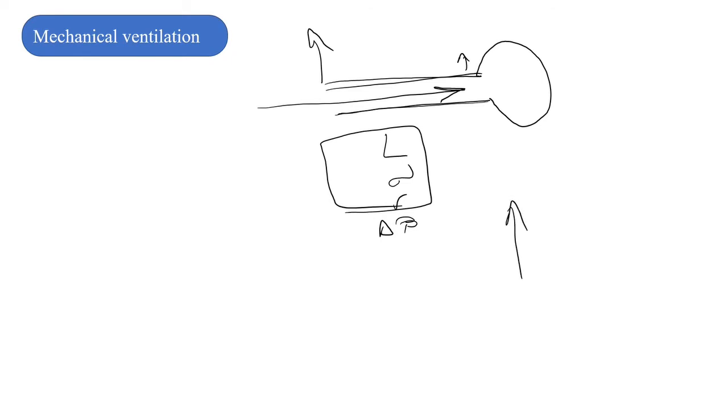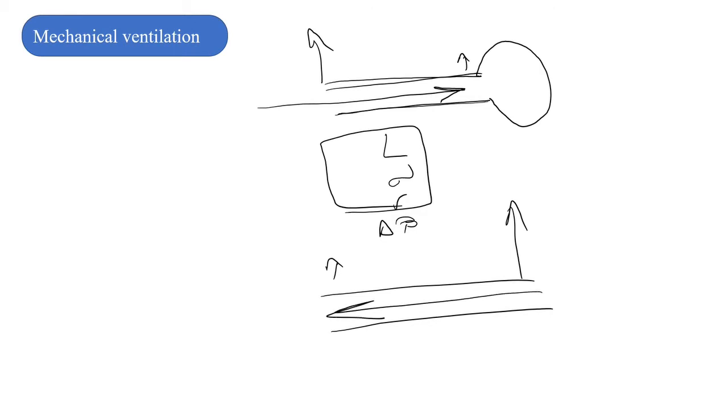If the pressure in the alveoli is higher than that in the proximal airway, the air will flow from inside to out during expiration. And the pressure changes in the alveoli will depend on both the volume administered and the compliance of the respiratory system.